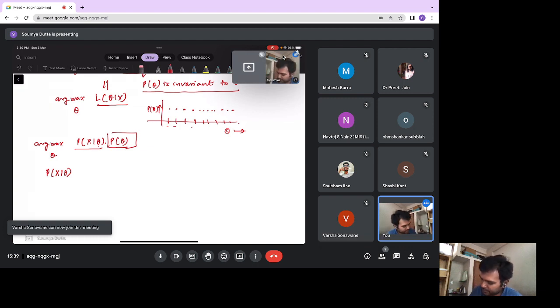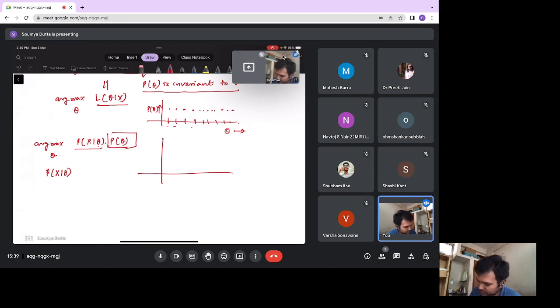I'm just drawing a value, this is just for your reference, this is not correct in the true sense of how p of x given theta might look.